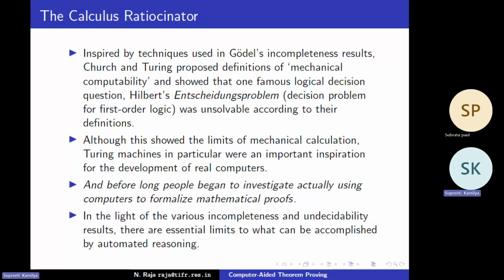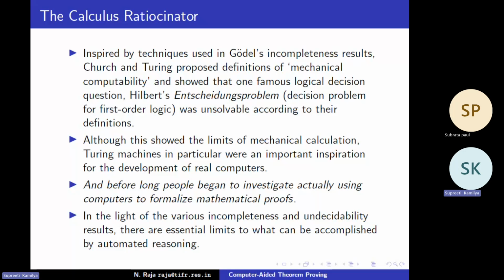But on the positive side, these Turing machines, which were an outcome of this line of work, were an important inspiration for the development of computers. And before long, people began to investigate actually using computers to formalize mathematical proofs. It's some kind of a strange turnaround in the history of foundations of mathematics.